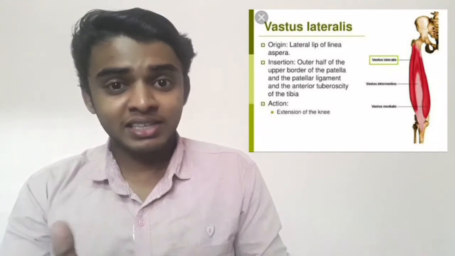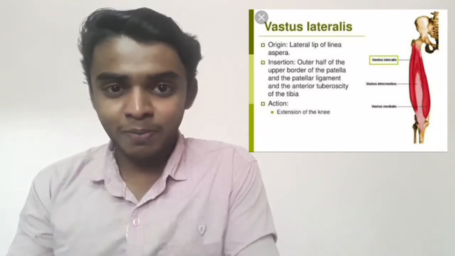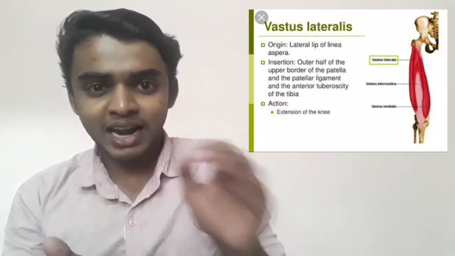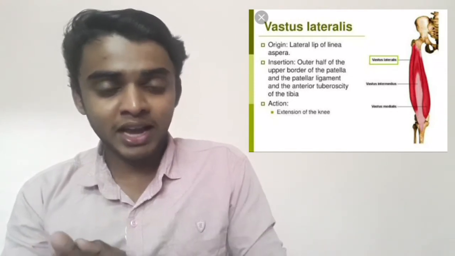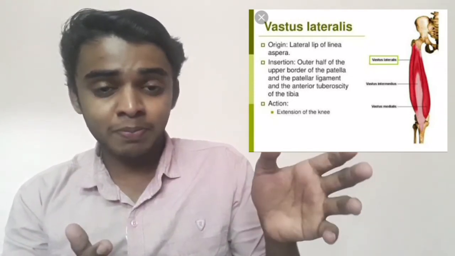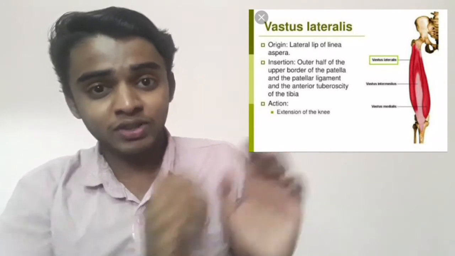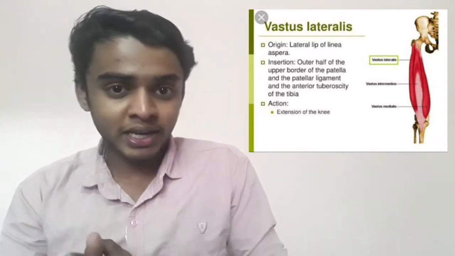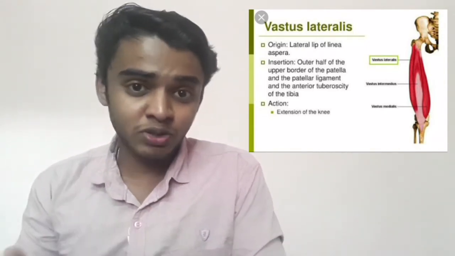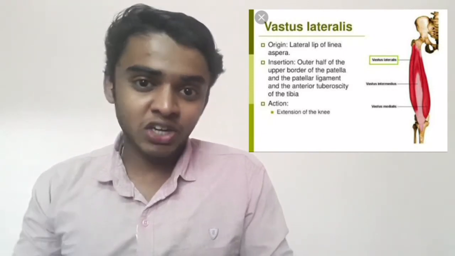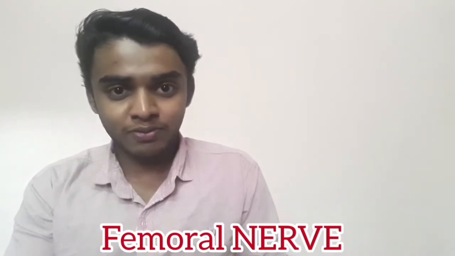Insertion. The vastus lateralis is inserted into the lateral part of the base of the patella and also the upper part of the upper 1/3 of the lateral border of the patella, and also it is inserted into the capsule of the knee joint. And the nerve supply, it is supplied by the femoral nerve.